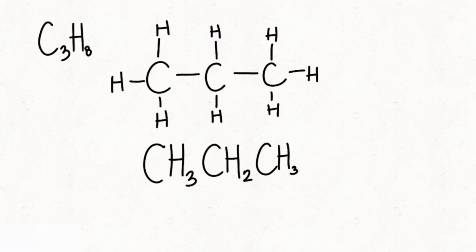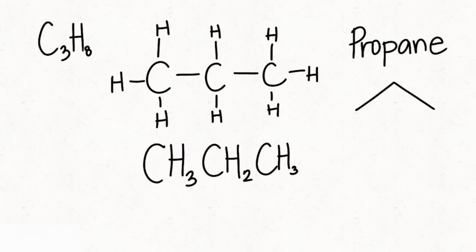So the name of this alkane that has 3 carbons is propane. Starting with ethane, we can have the line structure, but the line structure for propane is like this. Each dot is the number of carbons. In this case, we have 3 carbons, so it is propane.